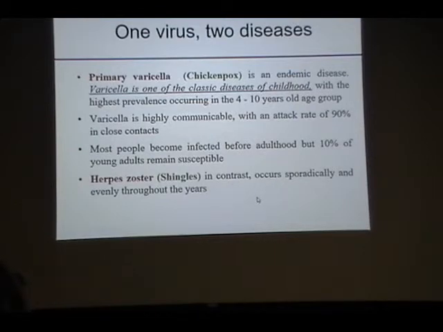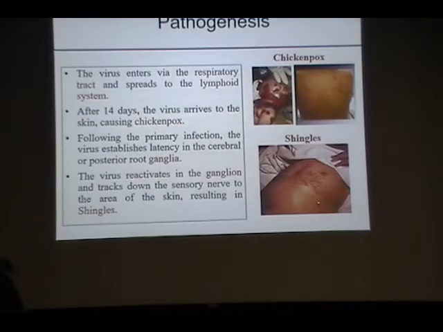It usually occurs in adults, and this is another disease that's caused by the same virus, because basically it's a reactivation. Okay, this shingles is caused by the reactivation of the same virus. So this is how you get chickenpox.